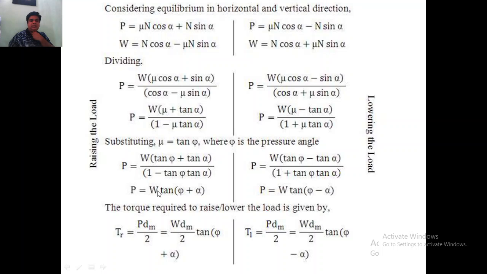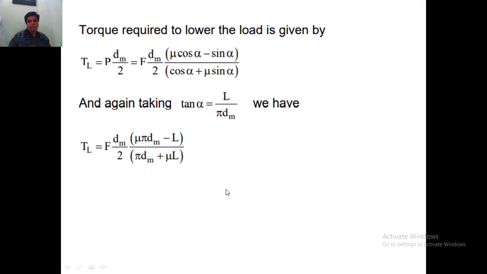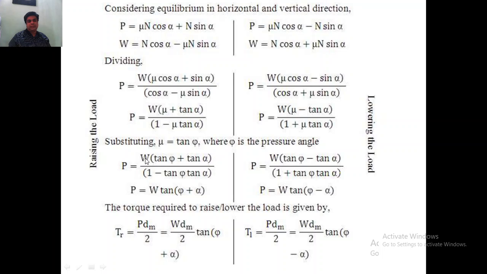W is nothing but F here; previously we had taken it as F, now it is W, both are the same. Torque is again this P multiplied by D by 2, and we get the same equations. Both equations are differentiated in this table: left hand side raising the load, right hand side lowering the load.